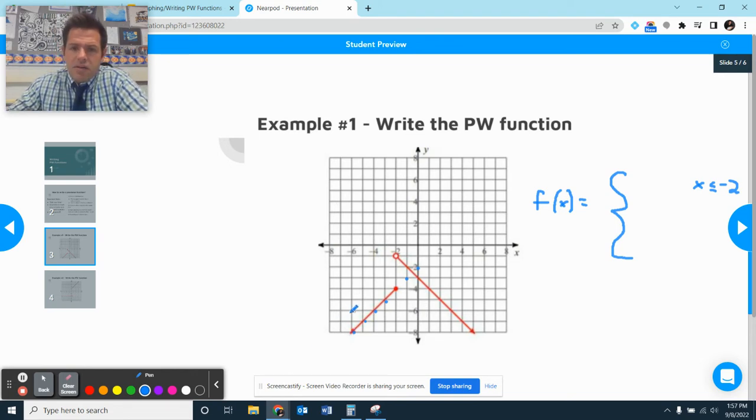For this line on the left, I went up one and to the right one, up one, right one. That means I would have a slope of +1. Then I kept that pattern rolling, and eventually I hit the y-intercept, right there at -2.